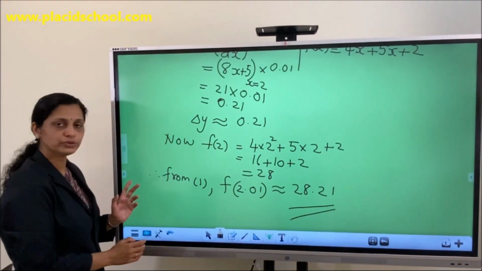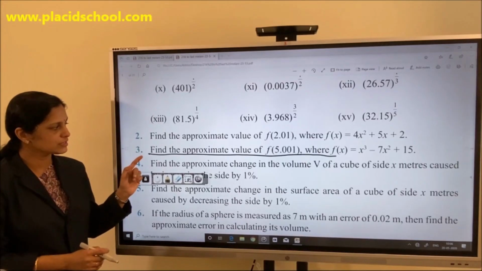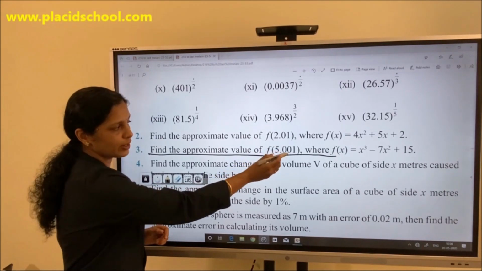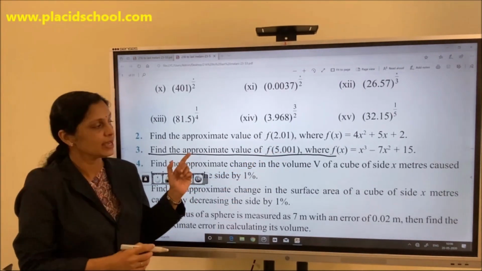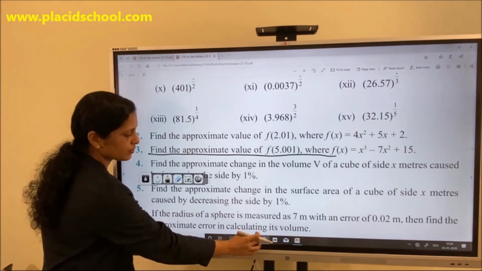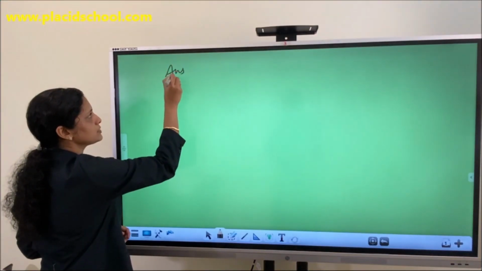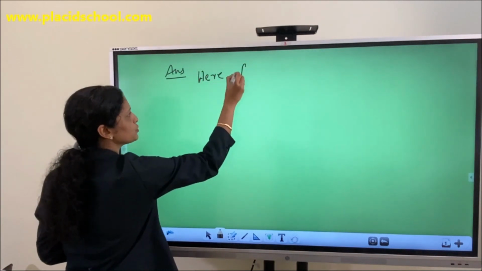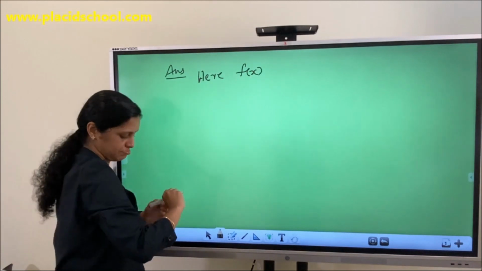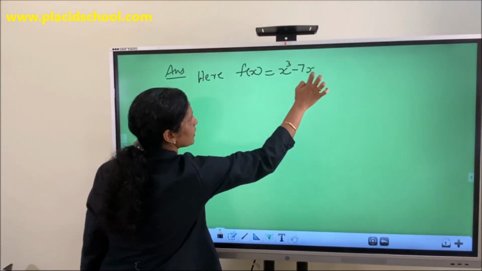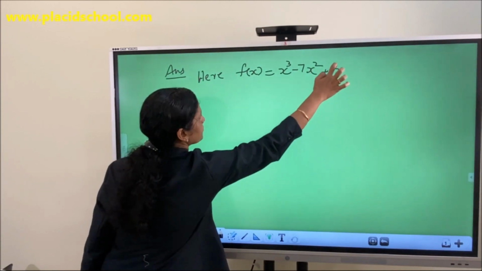Now, we are going to the next question. Next question is find the approximate value of f of 5.001 where f of x is equal to x cubed minus 7x square plus 15. Okay, answer. Here f of x is equal to x cubed minus 7x square plus 15.